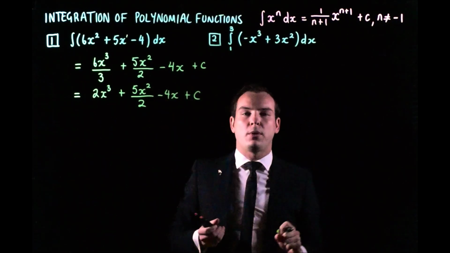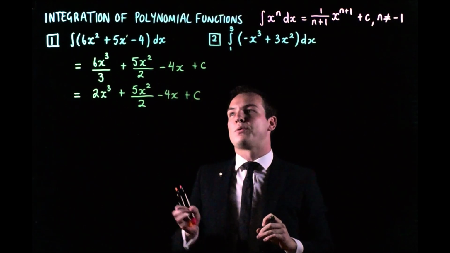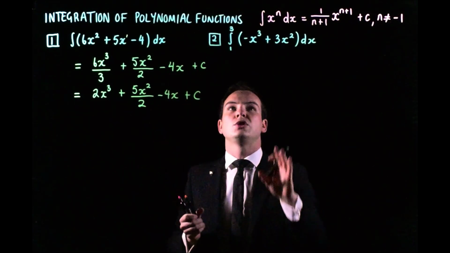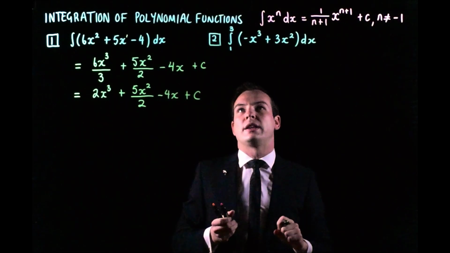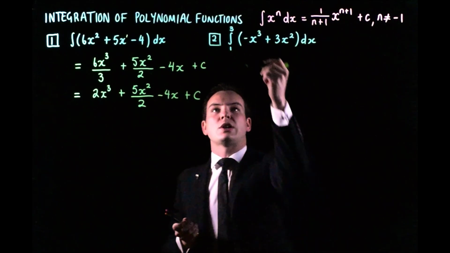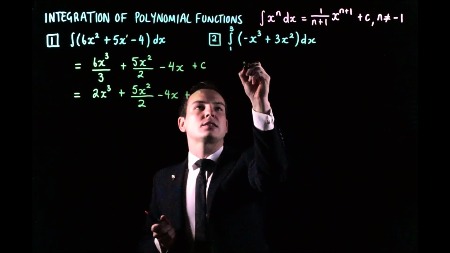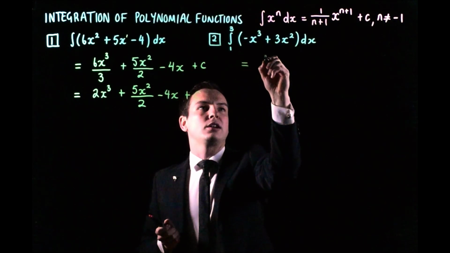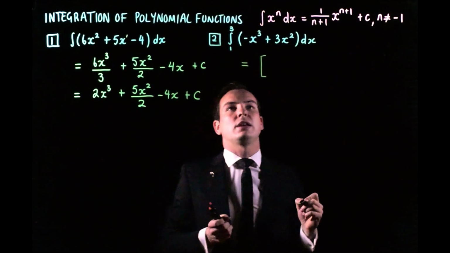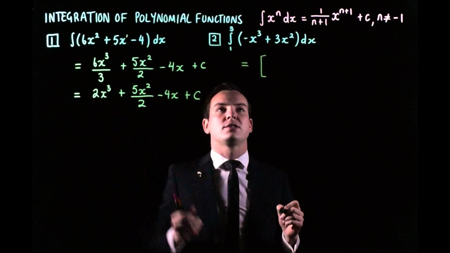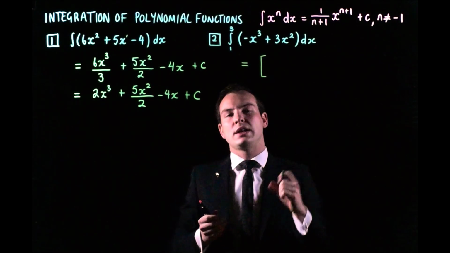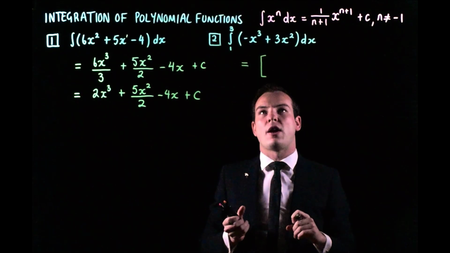So for the second part, we go from having an indefinite integral to a definite integral, and that's where we have terminals, which are 3 and 1. So to evaluate this, the first thing we're going to do is find the antiderivative. We're going to do essentially the same process here, but you won't need to add the plus c this time.